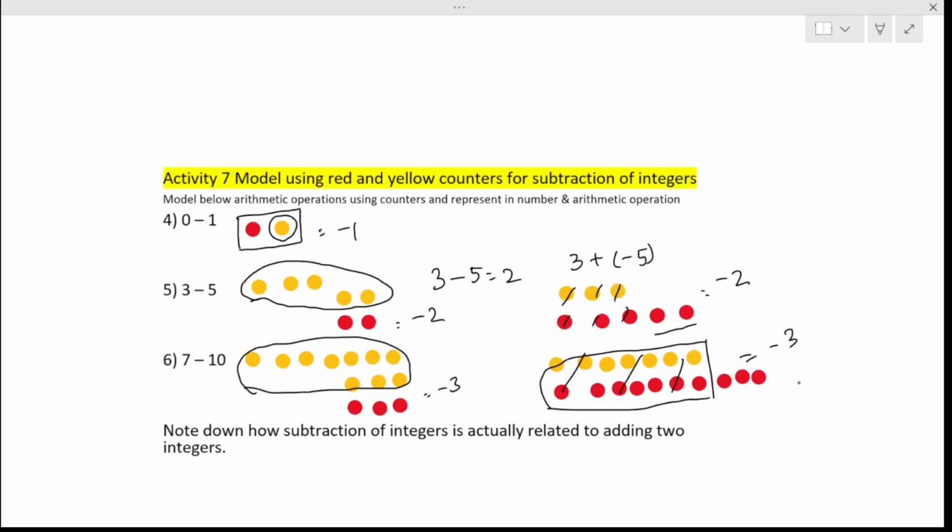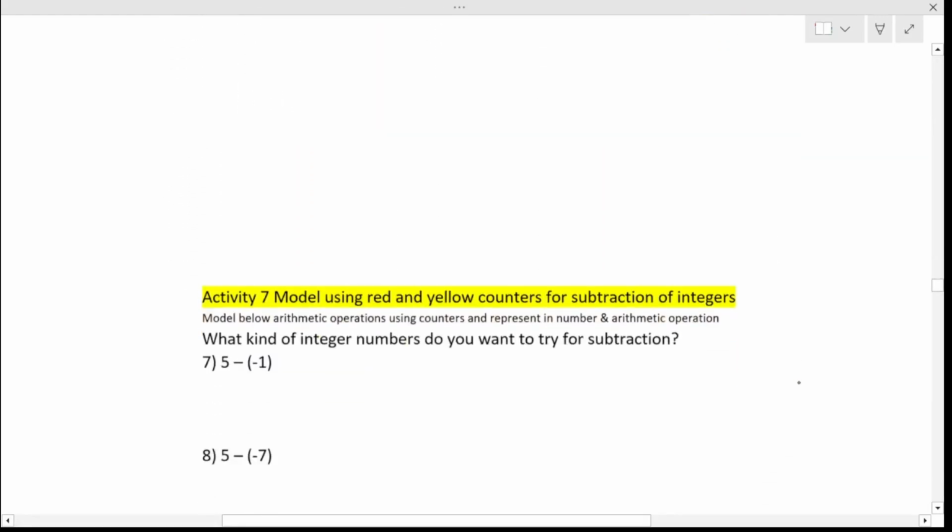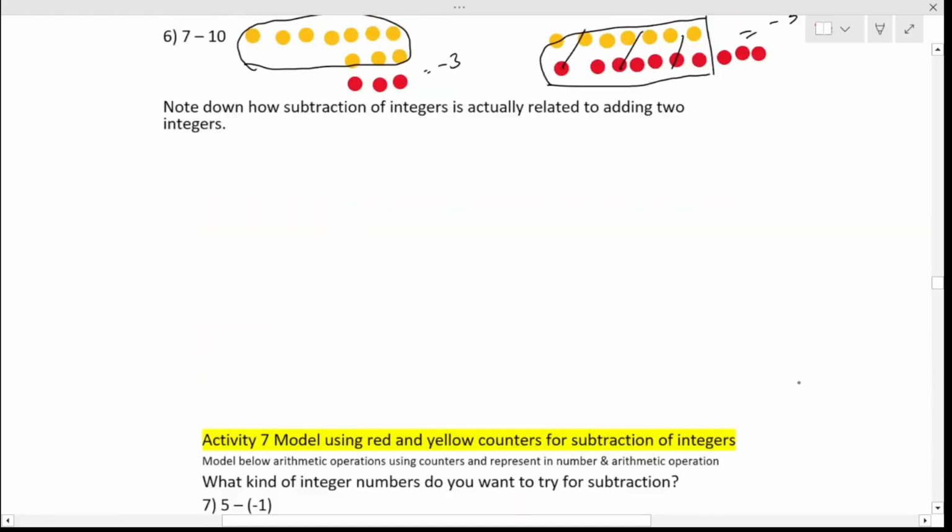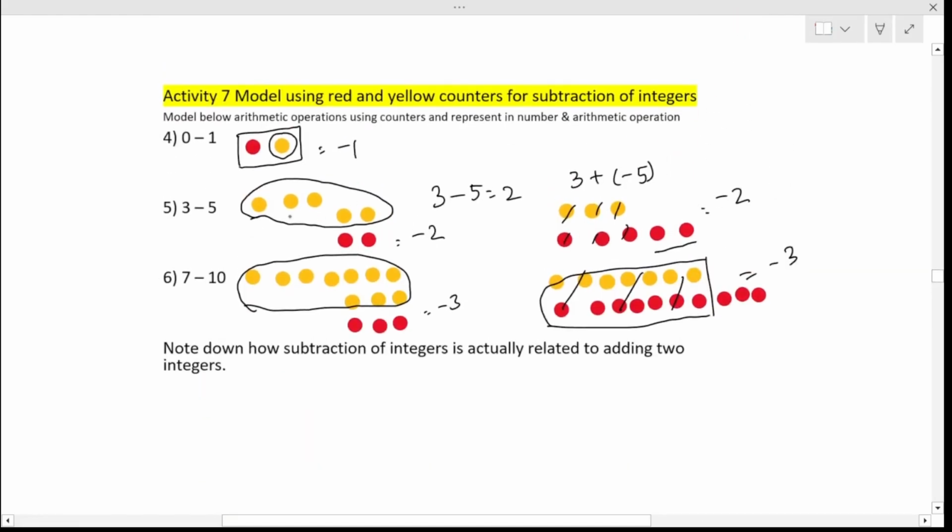So now this is how we can model 7 minus 10. So what you are able to understand is basically that subtraction can be understood as takeaway or adding a negative integer. So subtraction of a number can be understood as adding a negative integer.